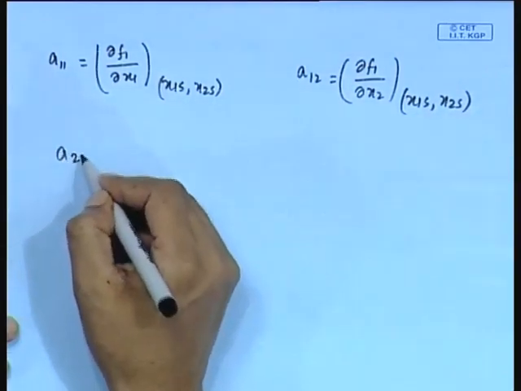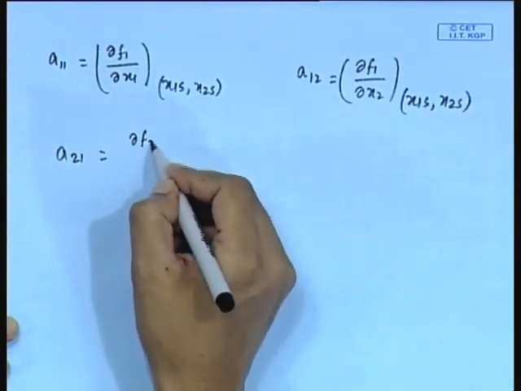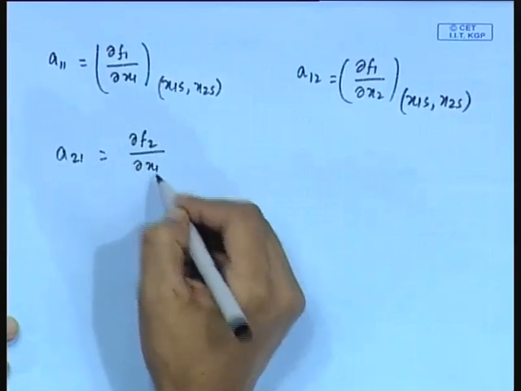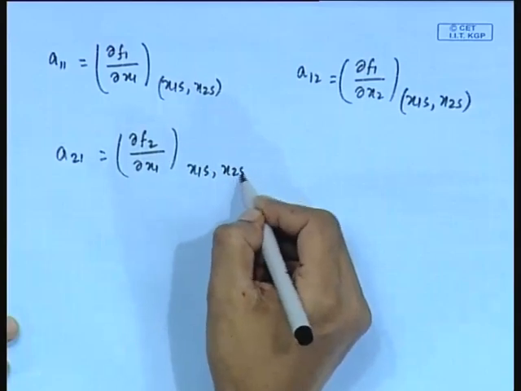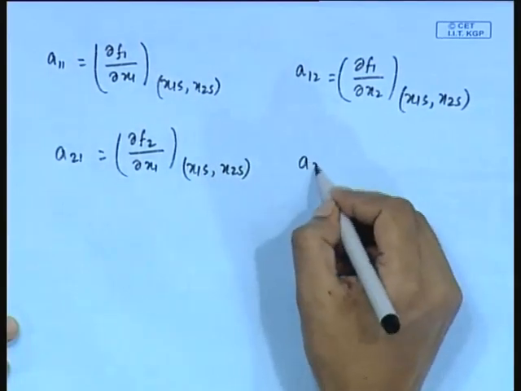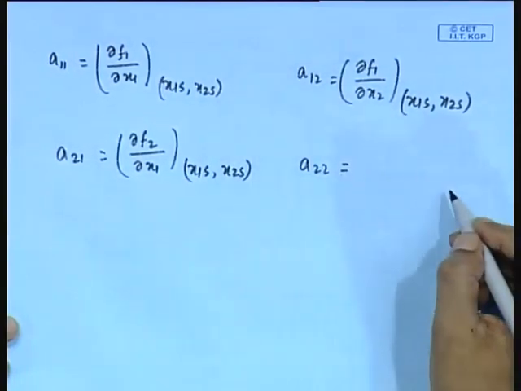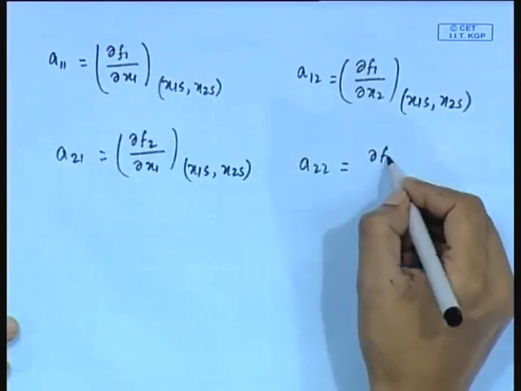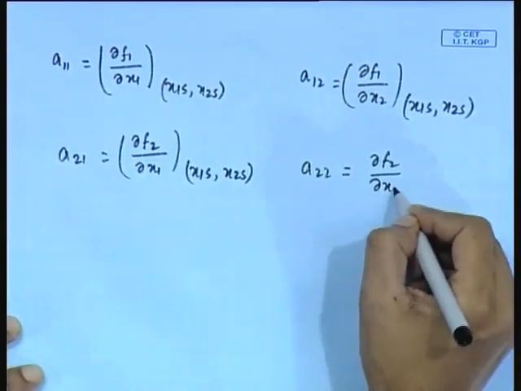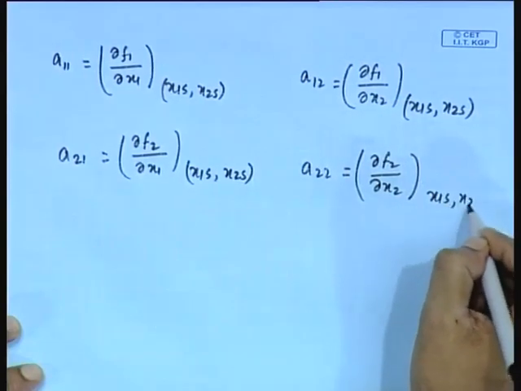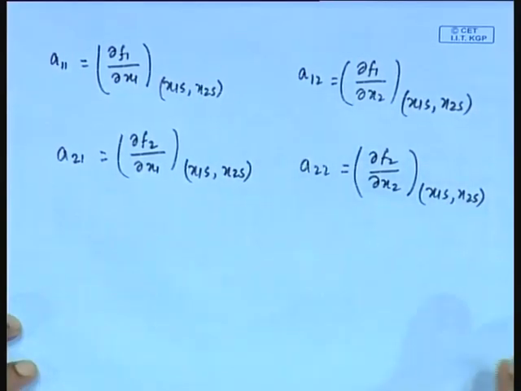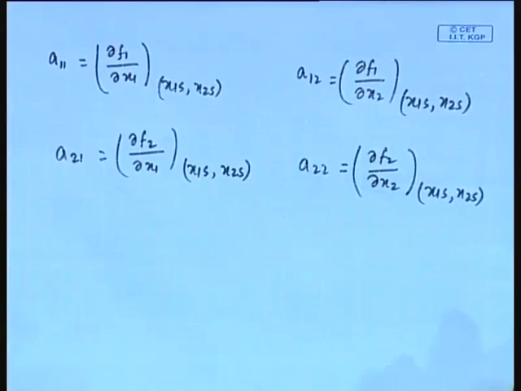Similarly, A21 will be this one, and the fourth coefficient A22 will be at x1s, x2s. Fine. So, we got the equations.